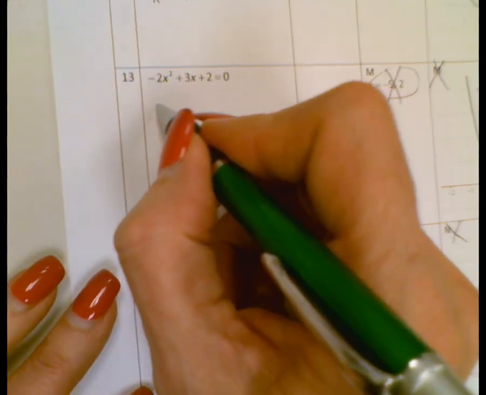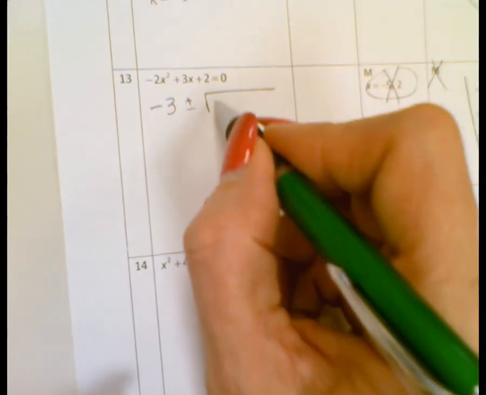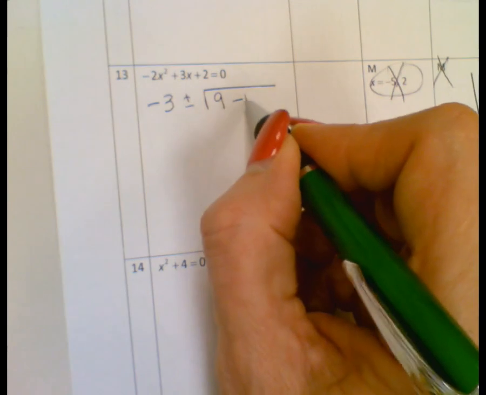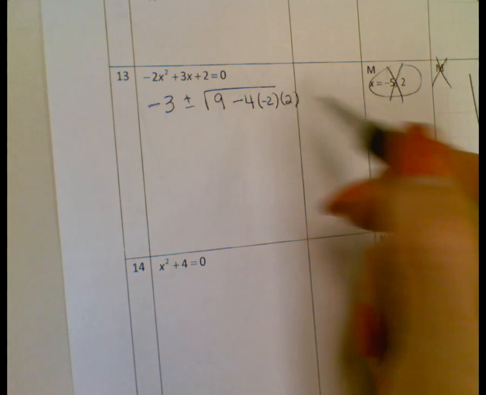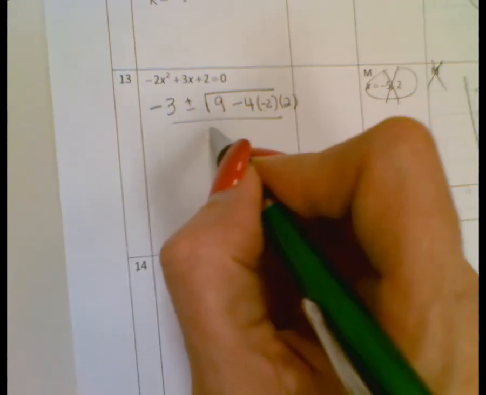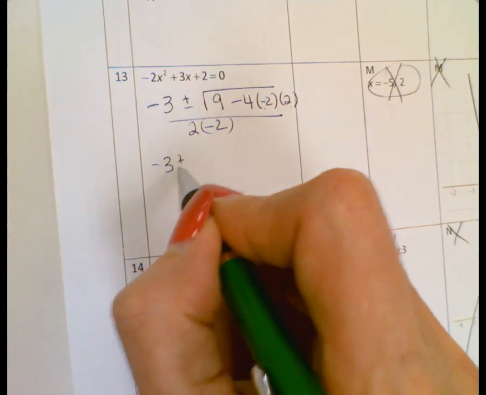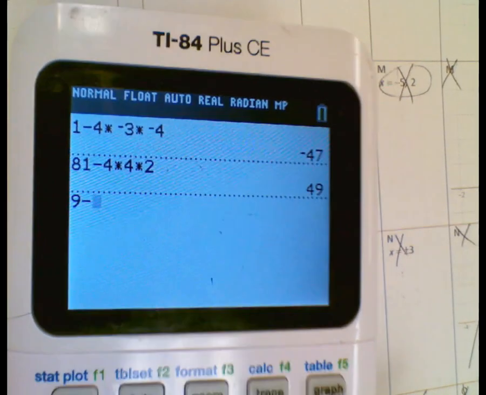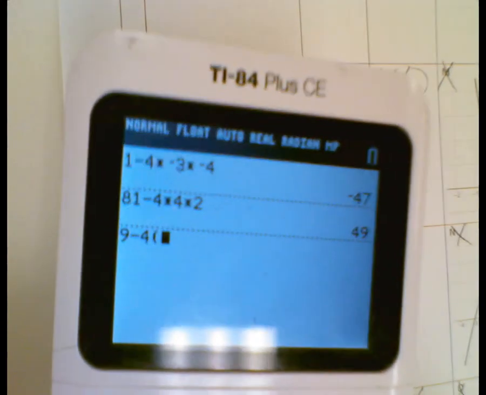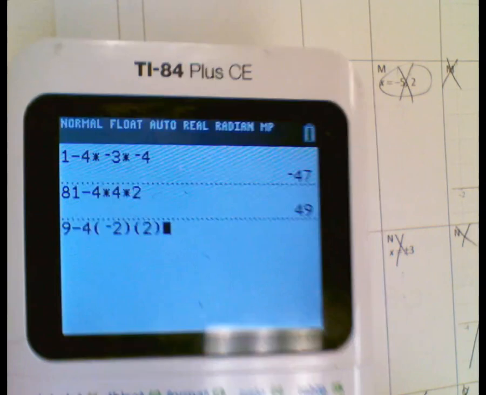This one, quadratic formula: opposite of b, plus or minus the square root of b squared, minus 4 times negative 2 times 2, that's a and that's c, over 2 times a. So you have negative 3 plus or minus the square root of 9 minus 4 times negative 2 times 2.